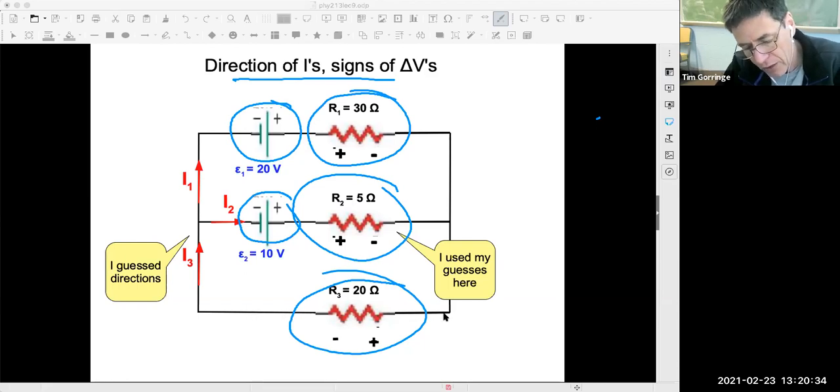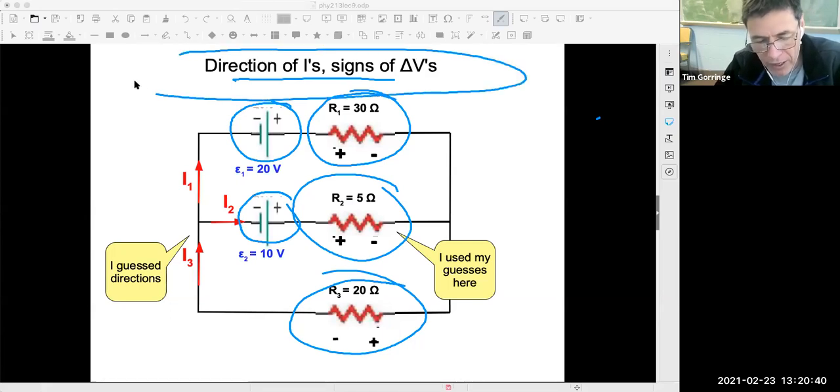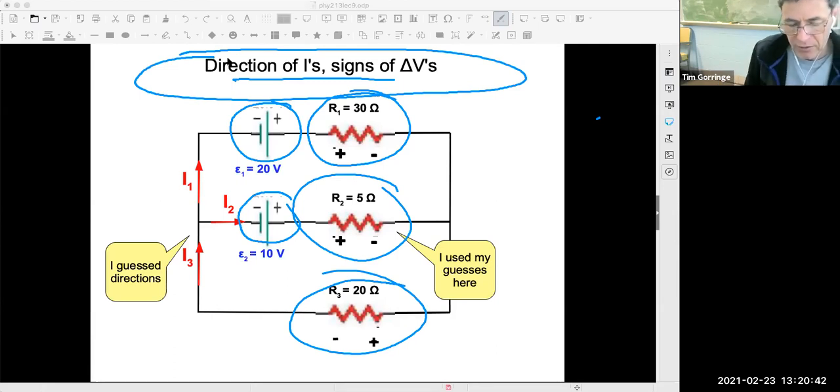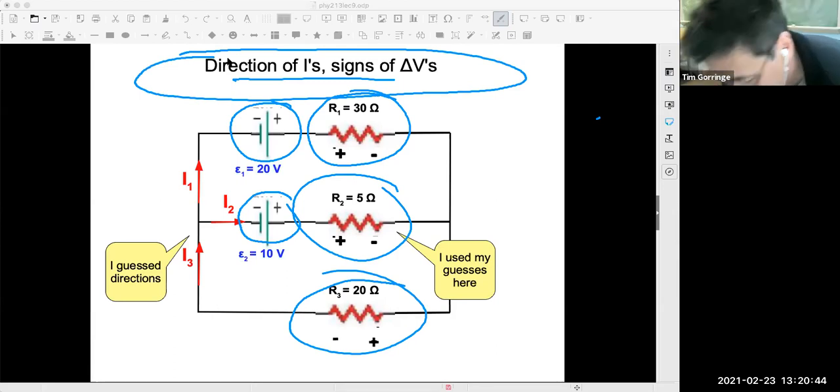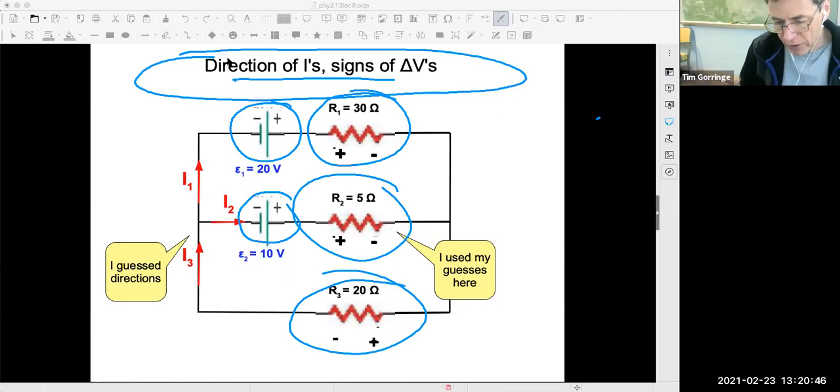Walking towards the right would be up the potential hill. And so this is an important slide, I think, about the signs of changes in potential when you walk across batteries, and signs of changes in potential when you walk across resistors. And it's important to get these signs right.